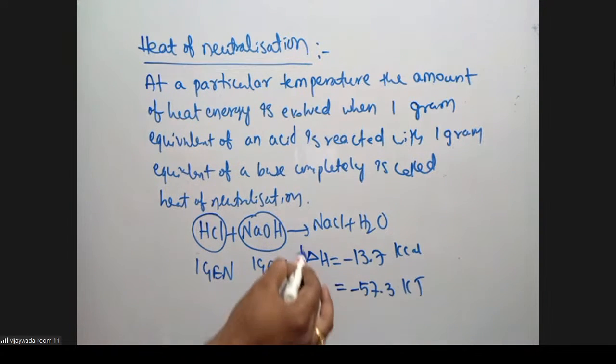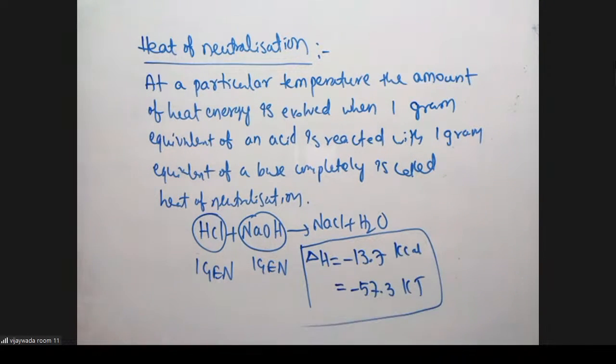This value is fixed, students. Whether it is H2SO4, HNO3 or any other acid, it must be 1 gram equivalent. NaOH, KOH, Mg(OH)2, any base, but it should be 1 gram equivalent.